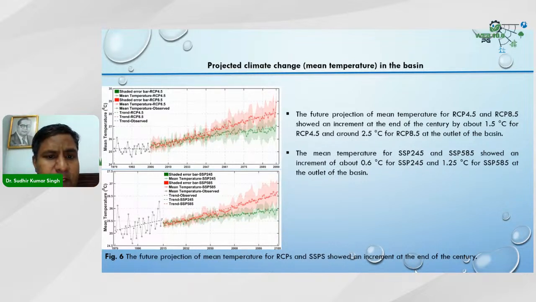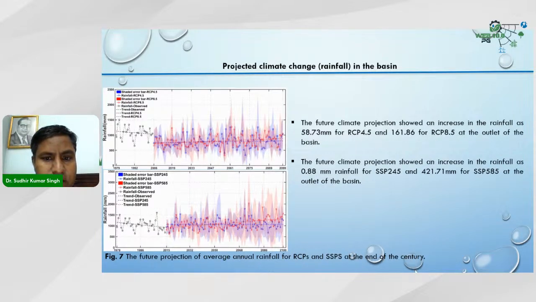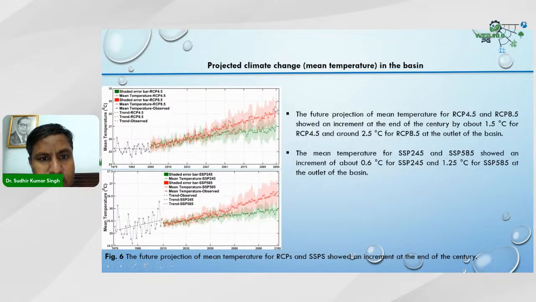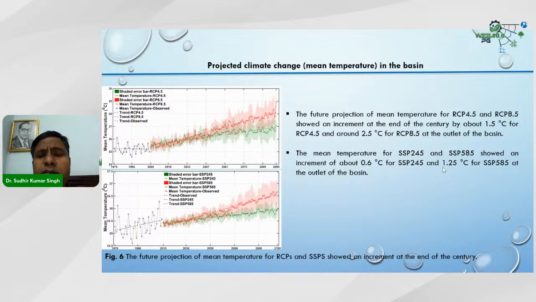If you see on the right hand panel, you can see that there is a sharp increase, but here you will find that there is not a sharp increase. This is a much better picture, because it is showing a 1.25 degree centigrade increase in SSP 585 as compared to 2.5 in RCP 8.5, correct? So that is the thing.